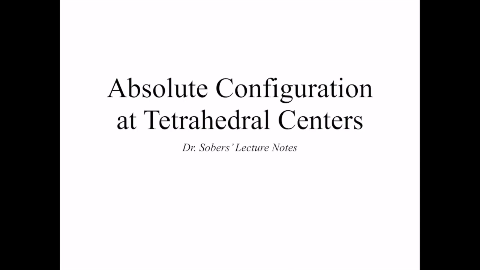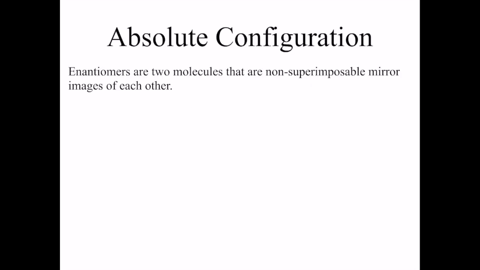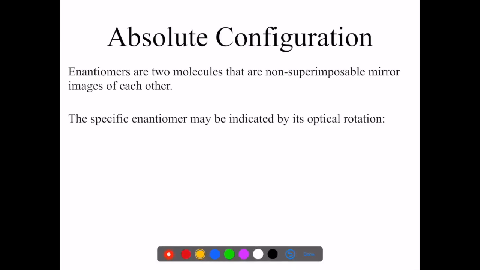Okay, now let's take a look at absolute configurations at tetrahedral centers. We talked about enantiomers before and how they are non-superimposable mirror images of one another.